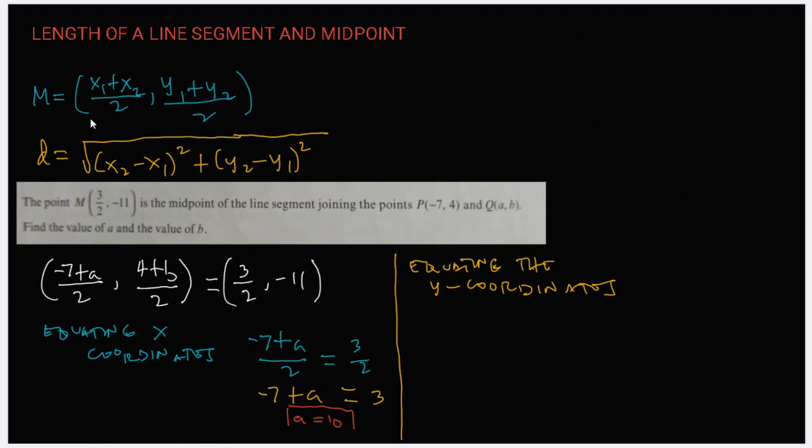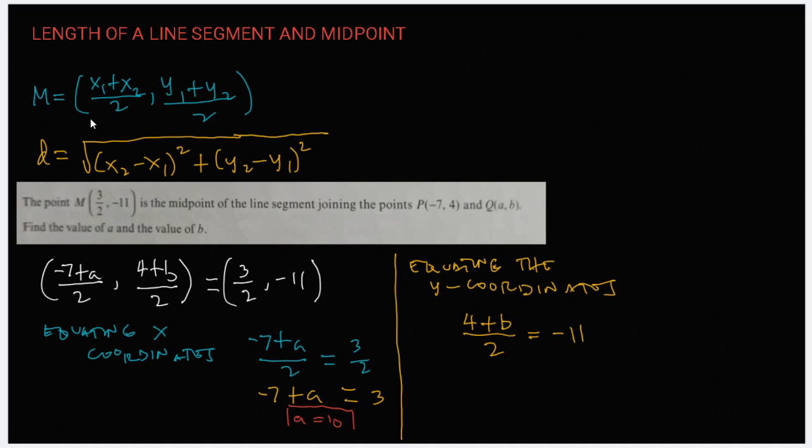That would be (4 plus b) all over 2 is equal to -11. So again, it's just from the first things that we did. This is the y, and this is also the midpoint of the y.